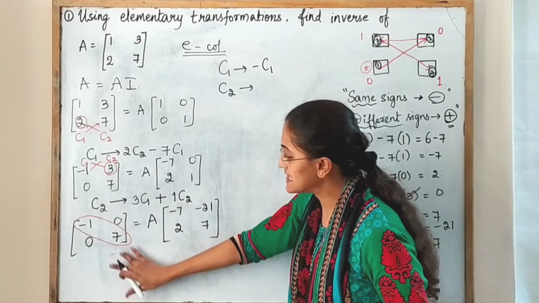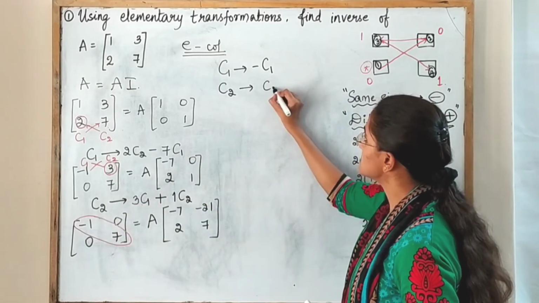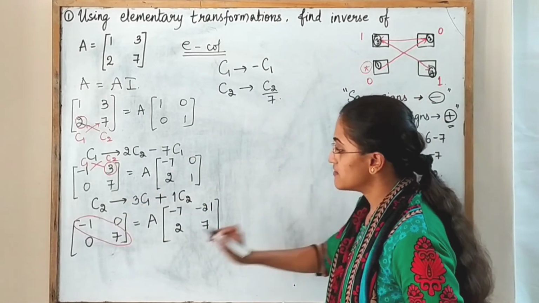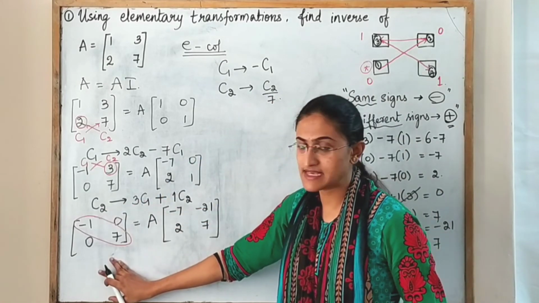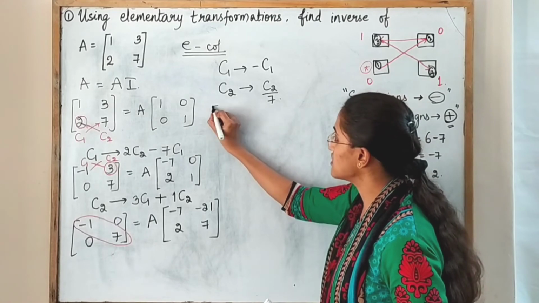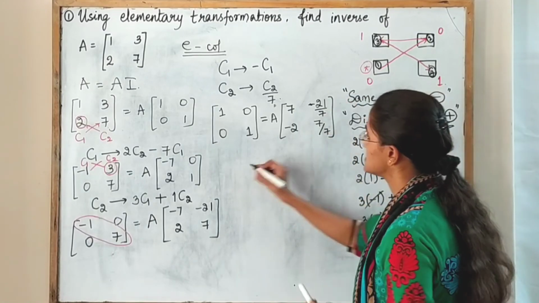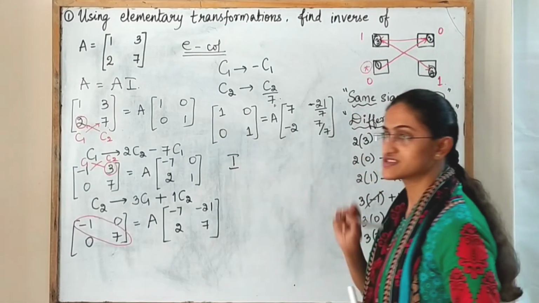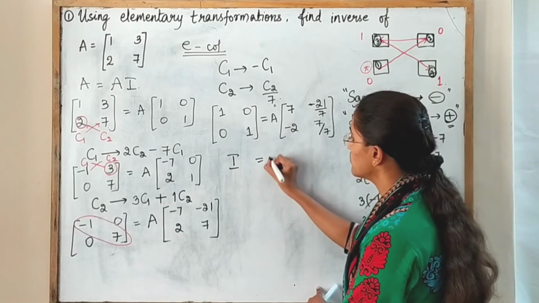I'll make the C2 column, divide C2 by 7. If I'm dividing the second column by 7, 7 by 7 gives 1. Fine.